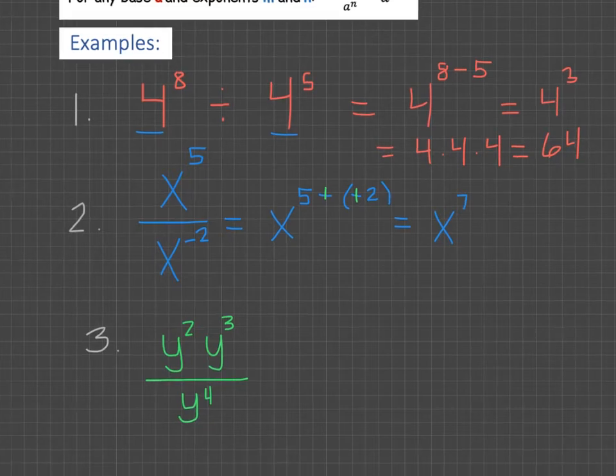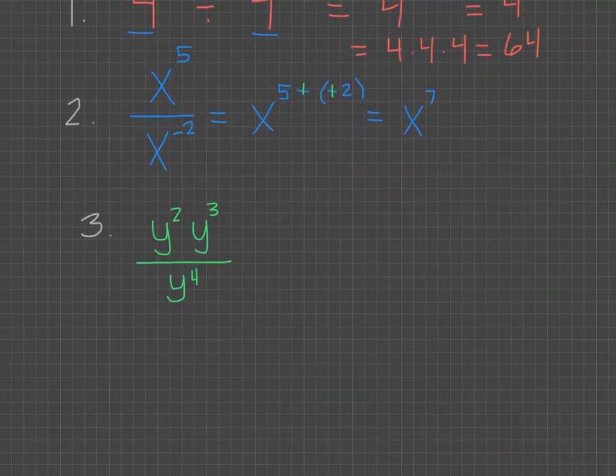Now this next one, actually we're going to combine our product rule and our quotient rule. Let's take care of the numerator first. So we'll assume that it has parentheses around it in the numerator, which by order of operations tells us to do that part first. We've got base of y and exponents 2 and 3, so we can add those together. And then that's all over y to the 4th.